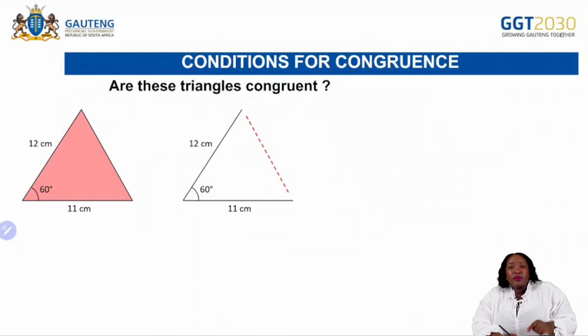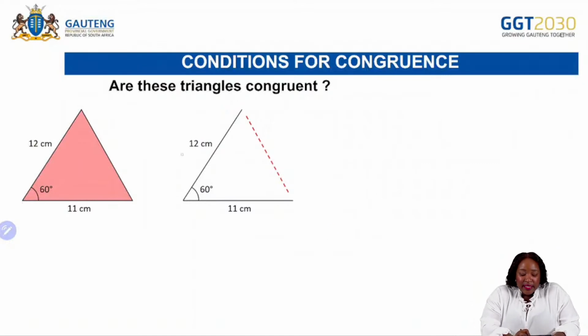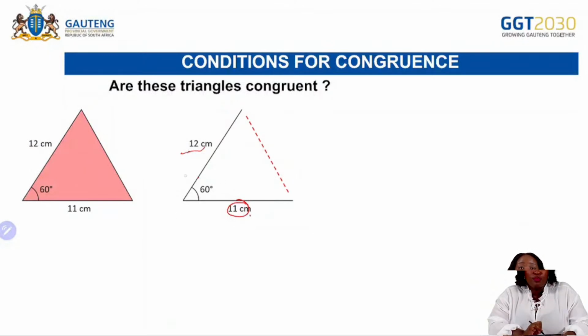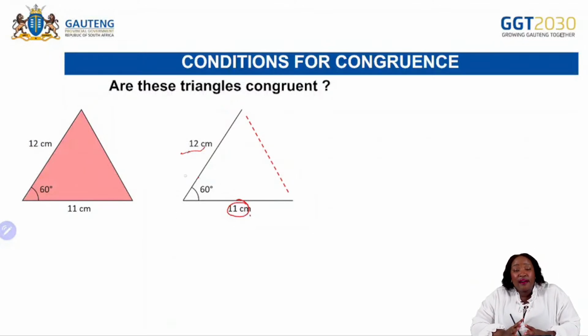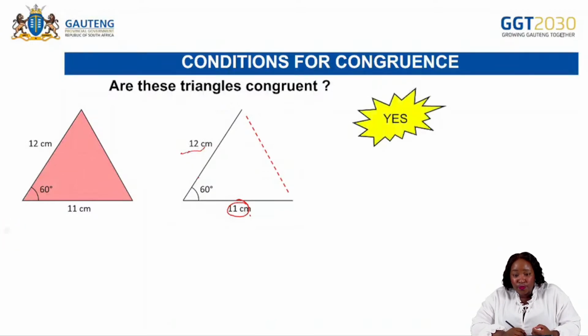The answer would still be yes, okay? So that means having a side, an angle between the two sides and another side. So having two sides and the angle between them is enough to prove that triangles are congruent. Agreed? Okay. Now, how do we write this in mathematical language?